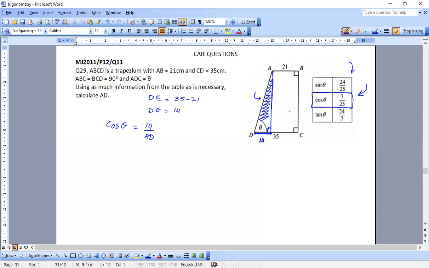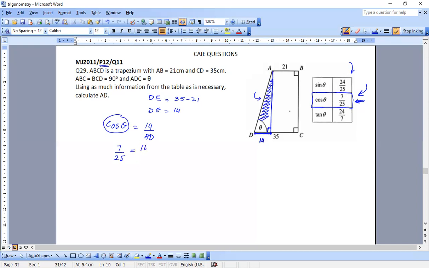Remember that this is paper 1. You will not be able to calculate the value of theta from any of these because you will not be able to take the inverse trigonometric function of any of the ratios. So I've replaced cos theta with 7 upon 25.